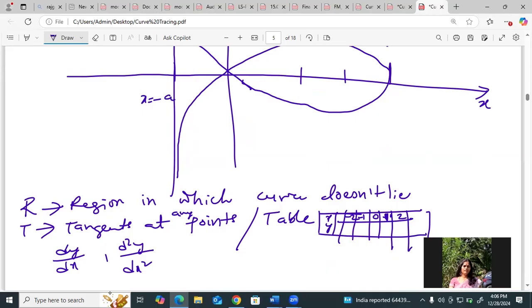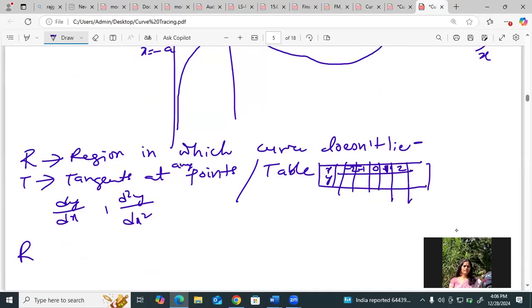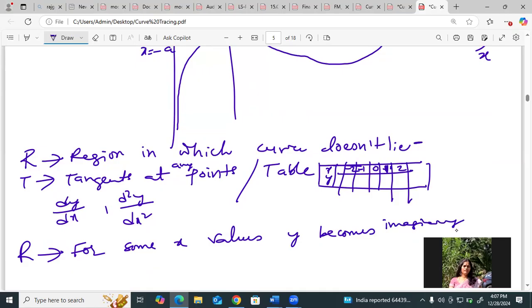Region in which the curve doesn't lie, how do I find this? Let me just finish off this session. For some x values, y becomes imaginary. Similarly, for some y values, x becomes imaginary.